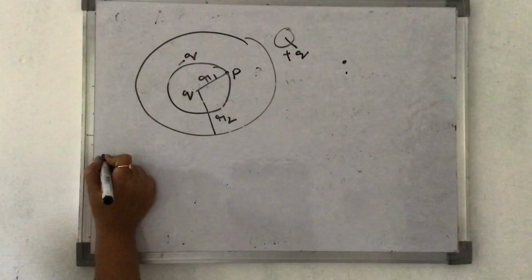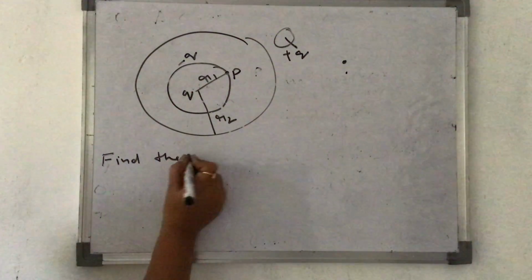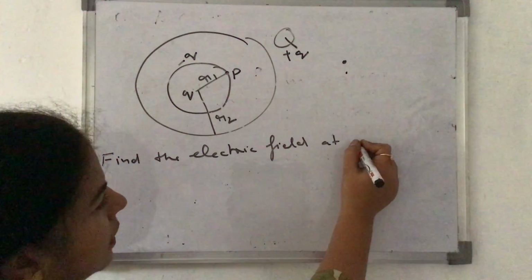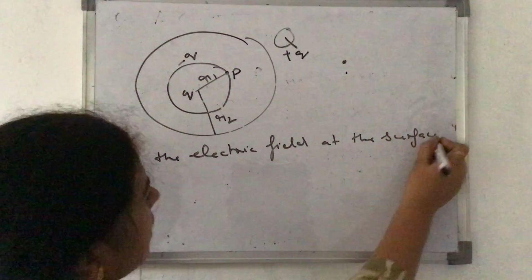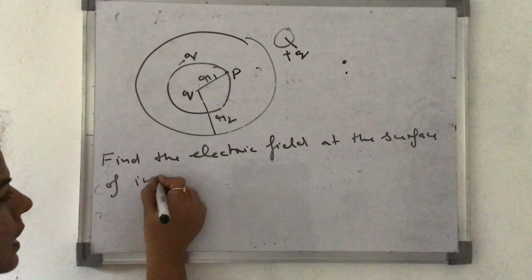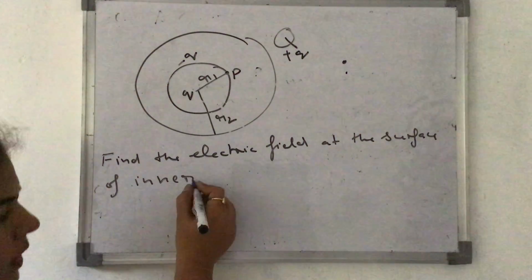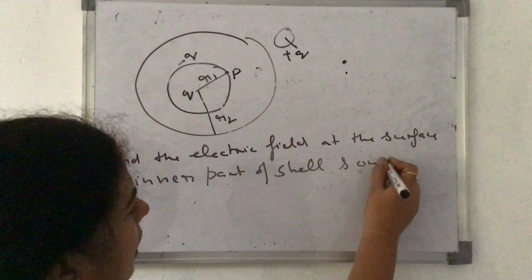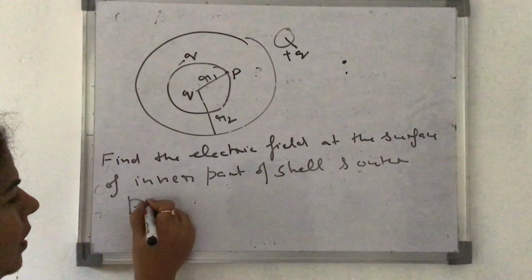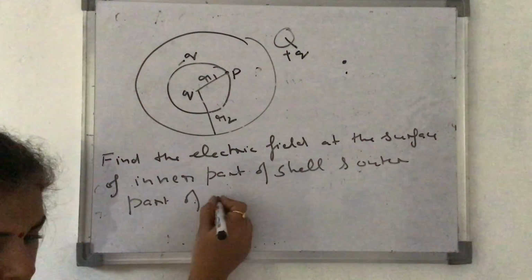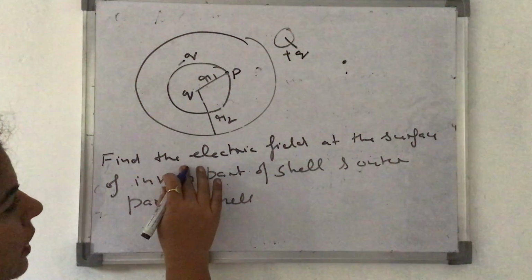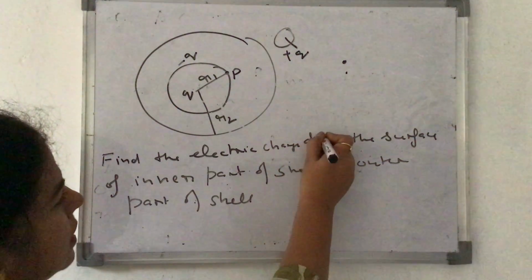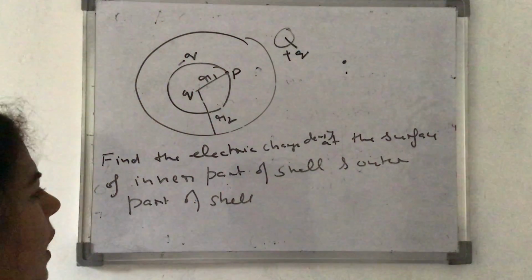Question is: find the electric charge density at the surface of the inner part of the shell and the outer part of the shell.